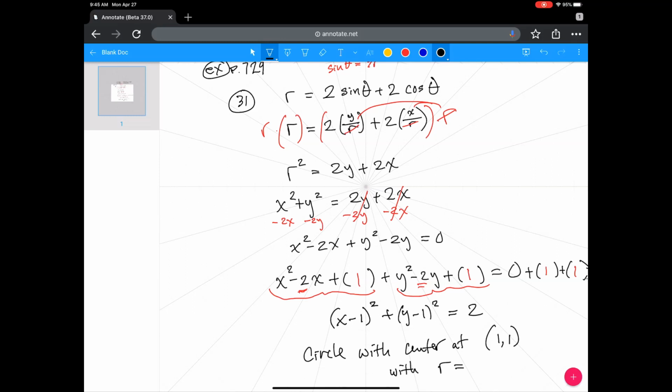This is basically like x squared plus y squared equals r squared, but the x and the y's have been shifted, and so since r squared is 2, then the radius would be square root of 2. So the graph that I get is described like this, and this is the equation for it. Anyway, so this is an example problem, problem 31 from the end of the section.